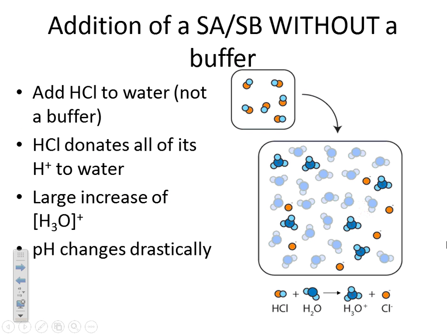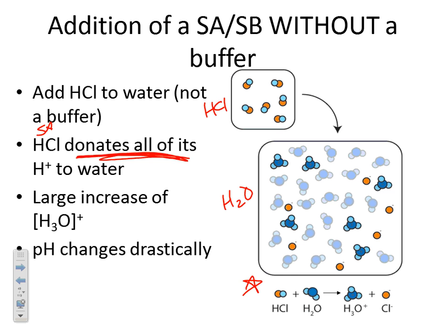So, showing you with some beautiful particle diagrams, which I found online, and I'm totally in love with these. Addition of a strong acid or strong base without a buffer. So let's just consider water, which is not a very good buffering system at all. Let's add HCl to water. So this is our HCl, and we're putting it in the H2O, and the HCl, because it's a strong acid, donates all of its H plus ions to water, and that's our reaction right here, right?